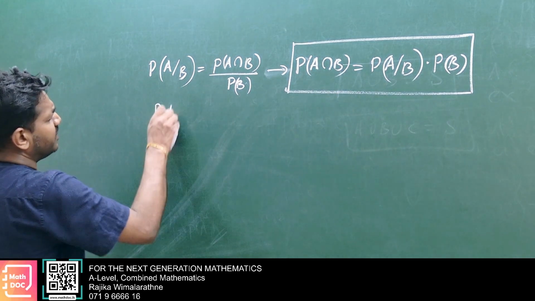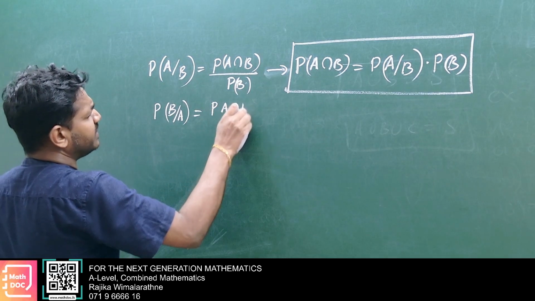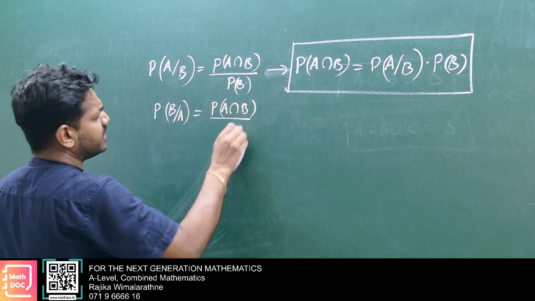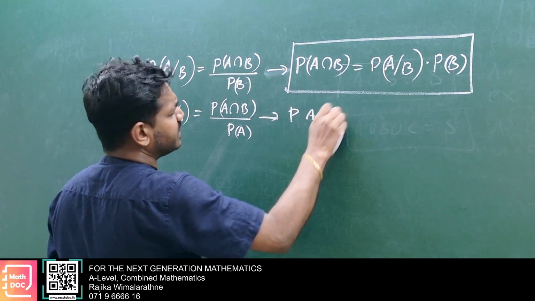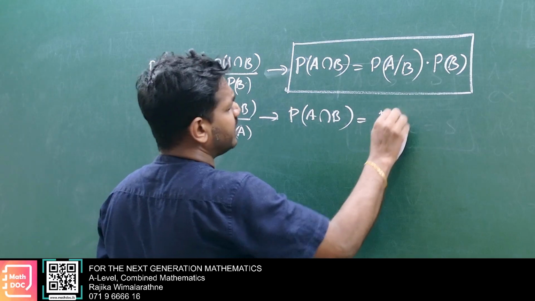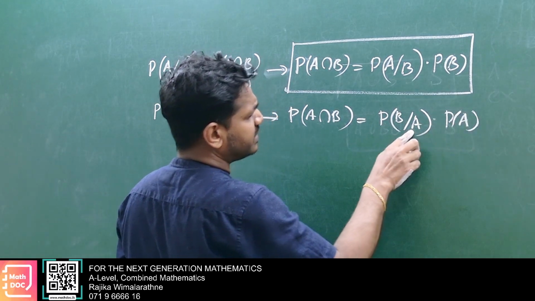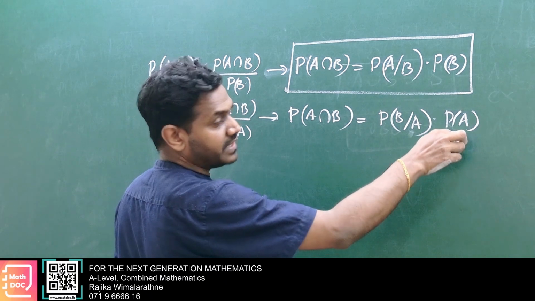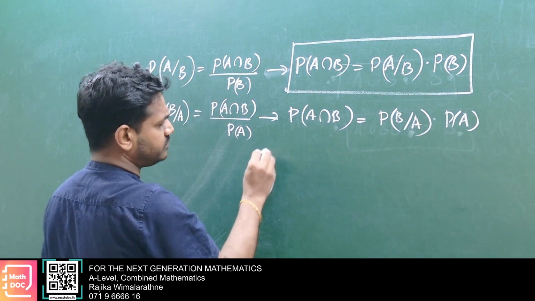Similarly, P(B given A) equals P(A intersection B) over P(A). Then cross multiply: P(A intersection B) equals P(B given A) times P(A). See here, downstairs A we have to multiply with P(A), downstairs B we have to multiply with P(B). But both are the same, no?